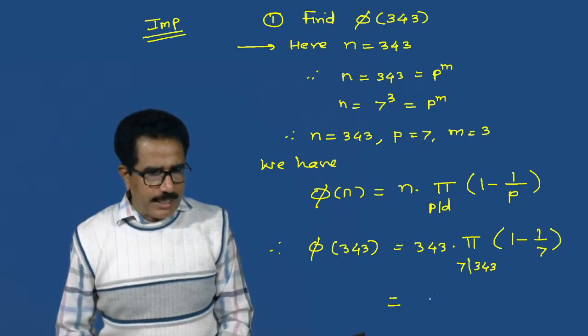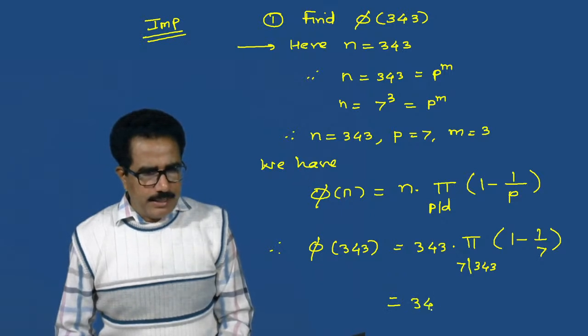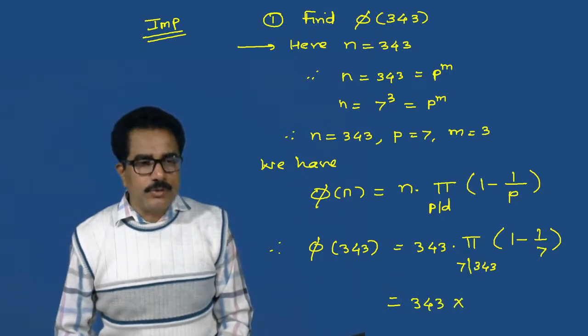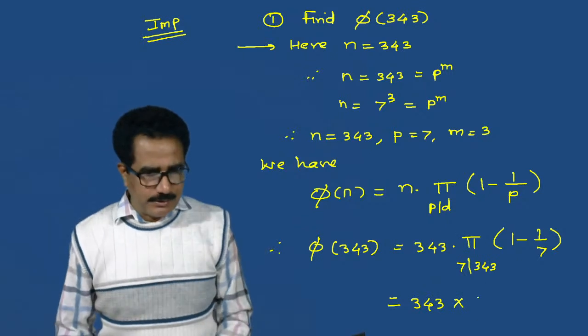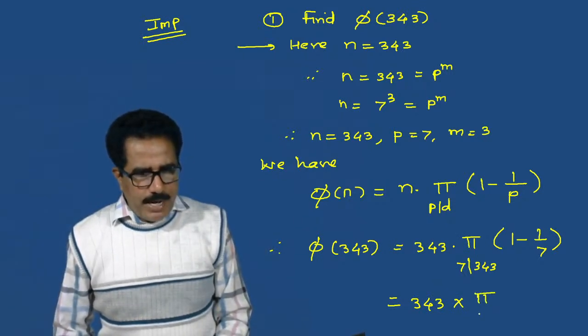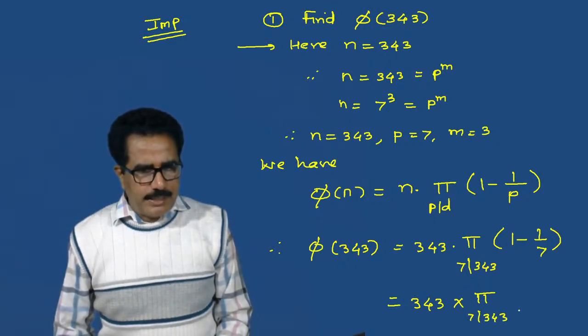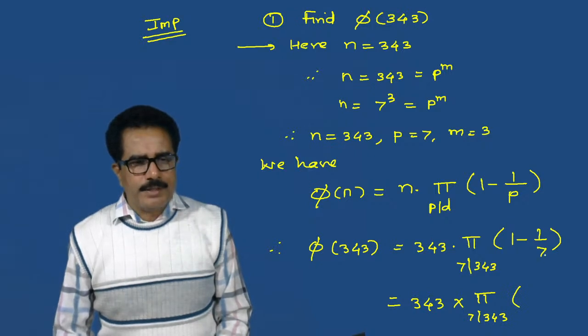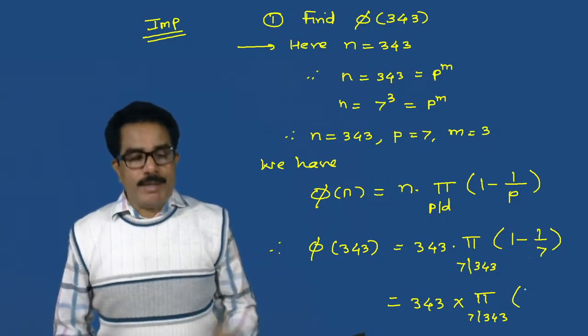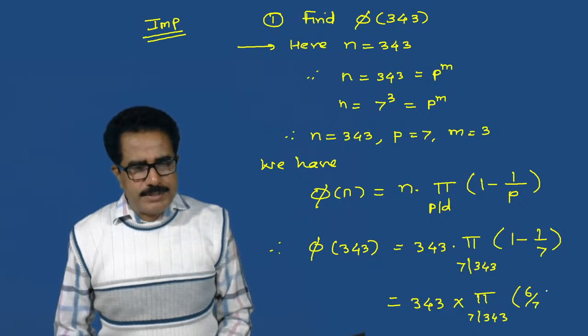So we can write 343 into pi, means the product, pi of 7 divides 343, into 1 minus 1 by 7, means 6 by 7.